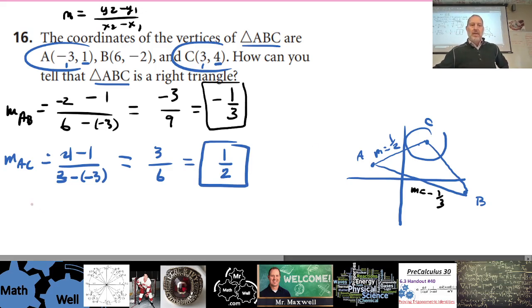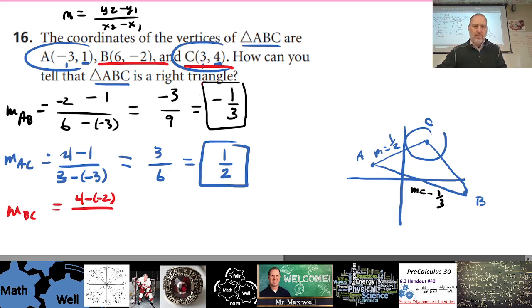Let's do BC. The slope of BC. So that's these two. All right, so 4 minus negative 2. And this is why I show kind of all my work too. It doesn't take you all that long, but if you show your work, then you do less in your head and you make fewer mistakes if you can actually write it down. So that's just what I'm used to.